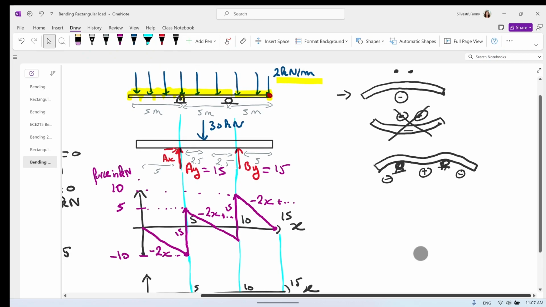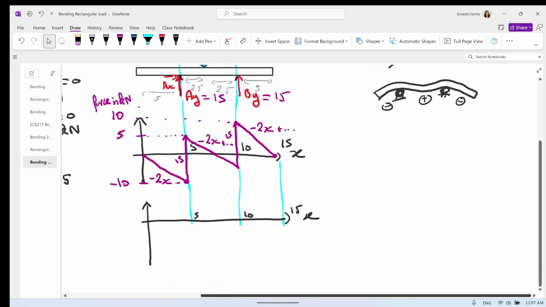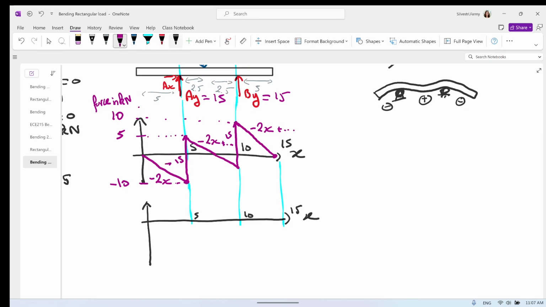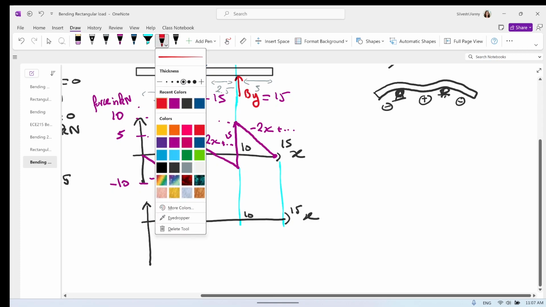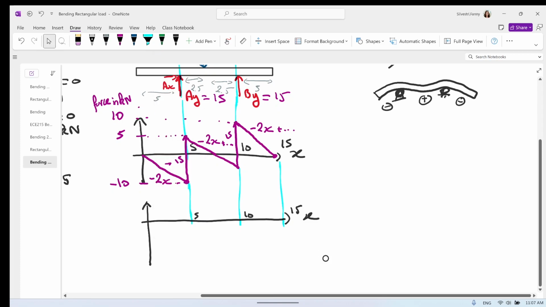So let's look at this one. We have a negative shearing force. So if it's negative, I will use another color, the bending moment has to decrease. If the slope of the shearing force is -2x, this one will be the integral, that will be -2x squared divided by 2, so -x squared.